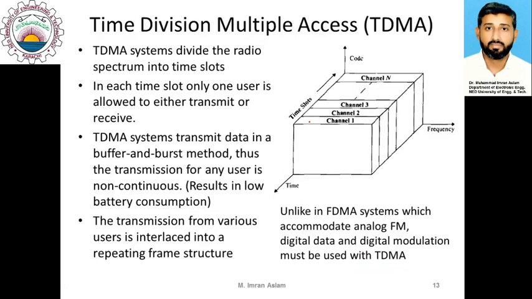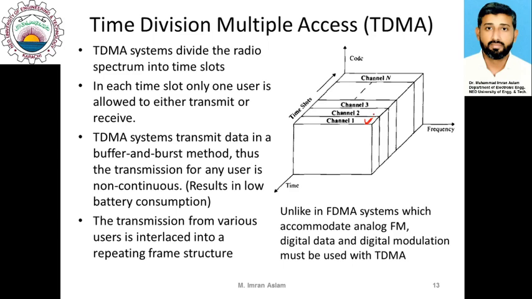Now let us move on to the discussion on a TDMA system. For time division multiple access, all the users use the same frequency band. You can see that on the frequency axis there is no division. Similarly, on the code axis there is no division here, but on the time axis we have divided the time axis into different time slots, and each time slot is allocated to different users.